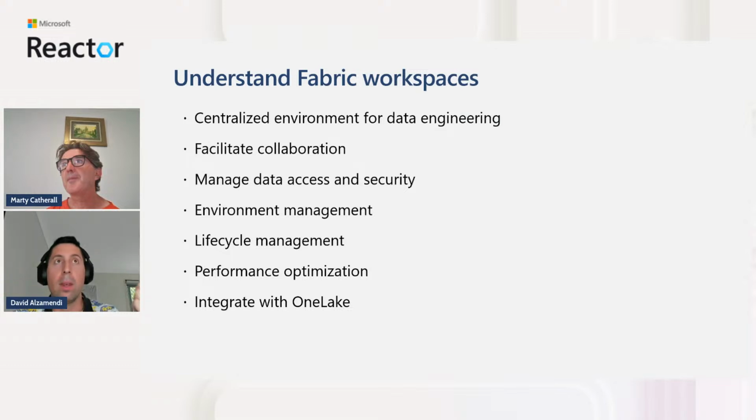Remember, the way that the capacities and the workspaces connect to each other is by assigning a capacity to one or multiple workspaces. So when you create the Microsoft Fabric capacity, you will be able to assign that compute power to one or multiple workspaces.